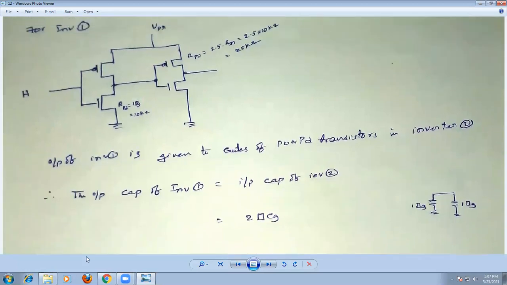That indicates that for inverter 1, the output capacitance is equal to 2 square CZ. That is the input capacitance of the next stage, the second stage. The output capacitance of the first stage is equal to 2 square CZ. Remember that point.